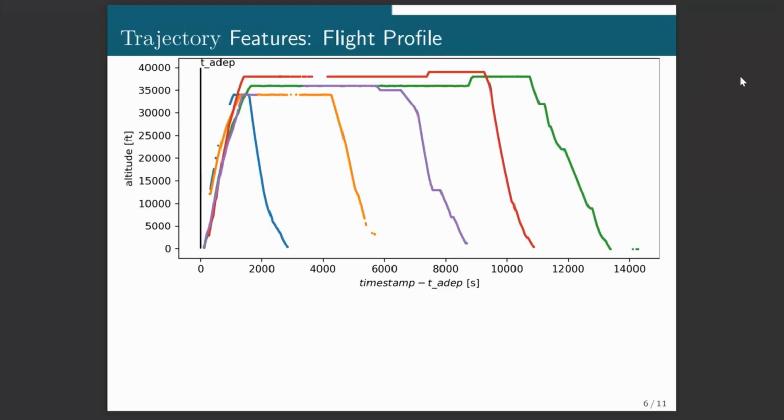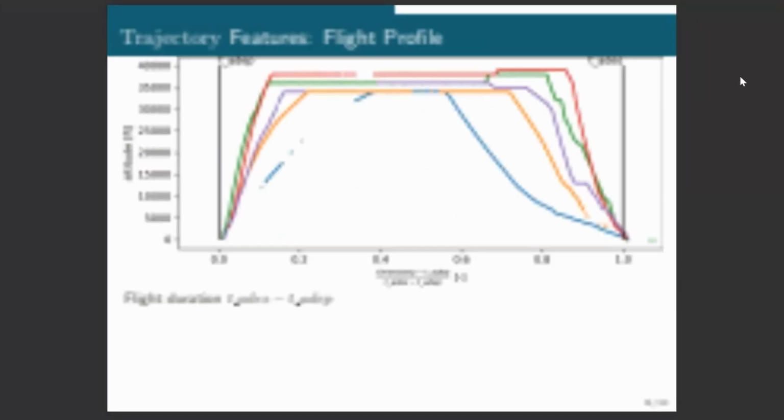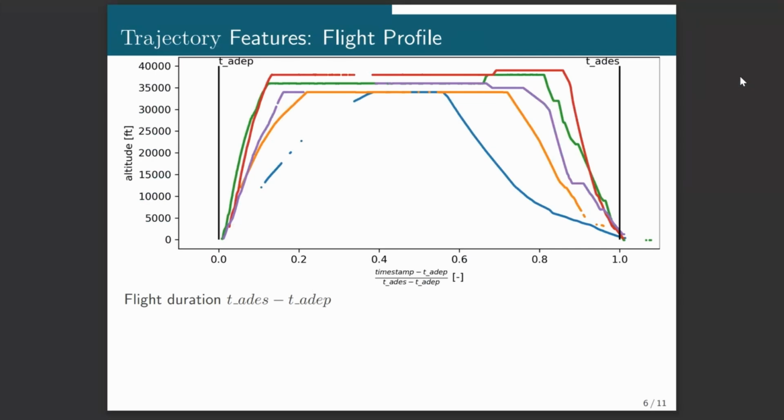It will represent the cruise altitude mid-flight for the orange one, and it will represent some random altitude during the descent for the blue one. So the problem is that different flights have different flight duration. So one way to mitigate this issue is simply by dividing the time by the flight duration.